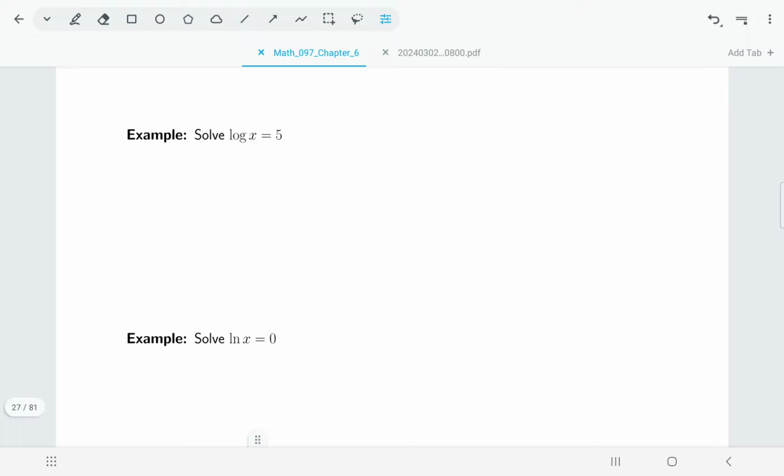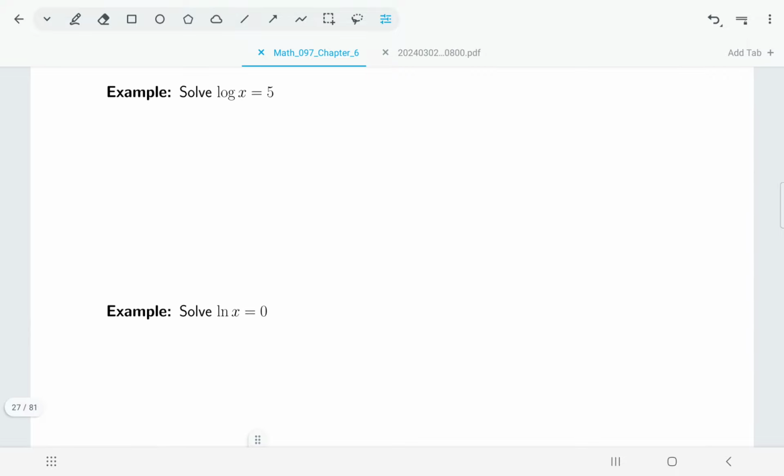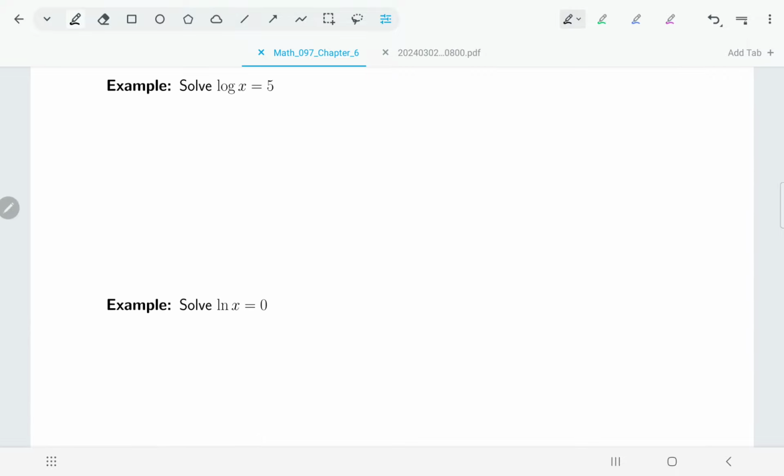Let's do a little bit more solving of equations. While we're here, do a couple little moments. And you'll notice the running theme through all of this is that if we have an exponential equation and we want to solve it, a lot of times a good way to do that is to rewrite it as a log. Or if we have a log equation and we want to solve it, a good way to do that is rewrite it as something exponential. So for this first one, we see log x equals 5.